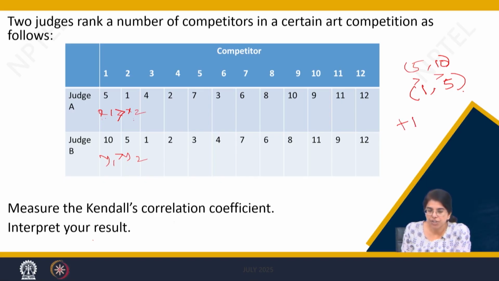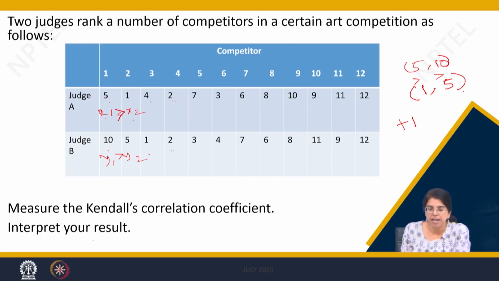Similarly, you can make a check with 5, 10 and 4, 1. You can make a check with 5, 10, 2, 2. Now for 2, 2, these two rankings are the same, so you can just give 0.